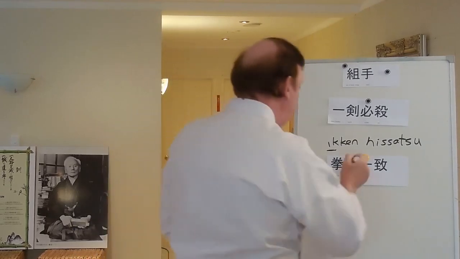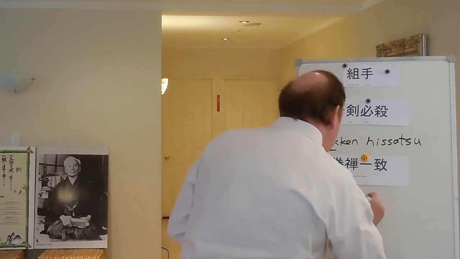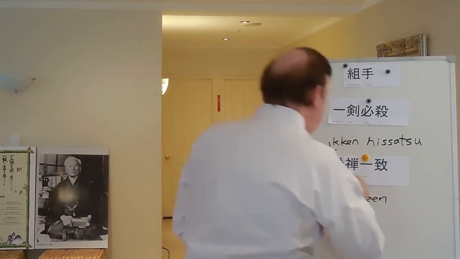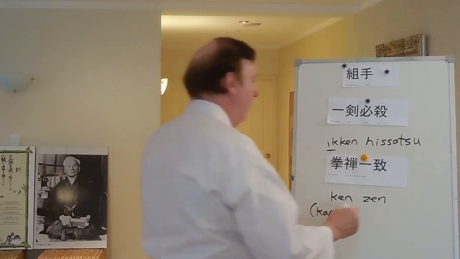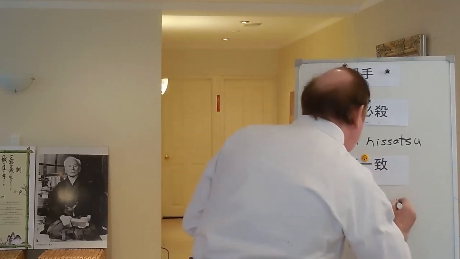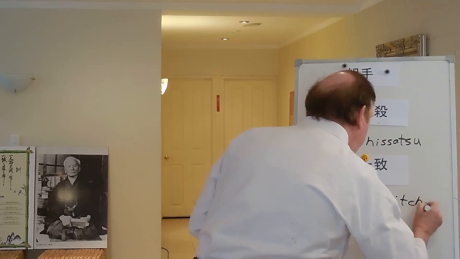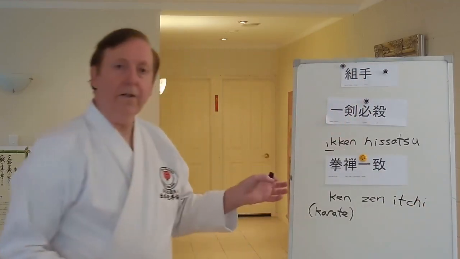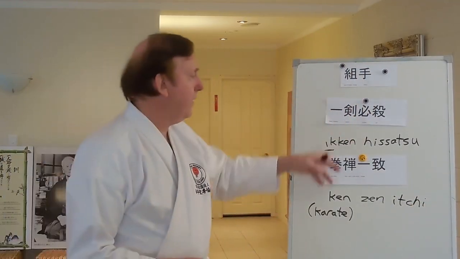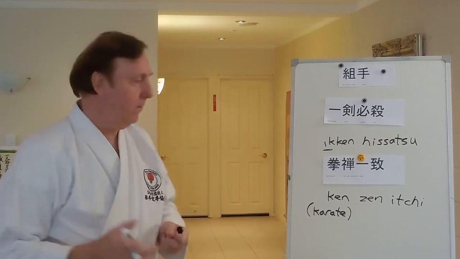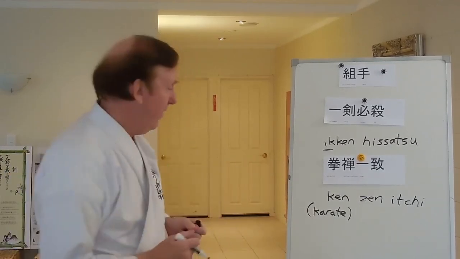And then zen, as I just wrote up there, which is this kanji, and ichi is over here. There are a lot of kanji today, so I've deliberately printed these kanji out ahead of time to save time and me trying to write them.